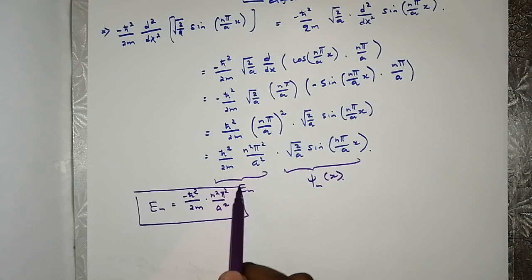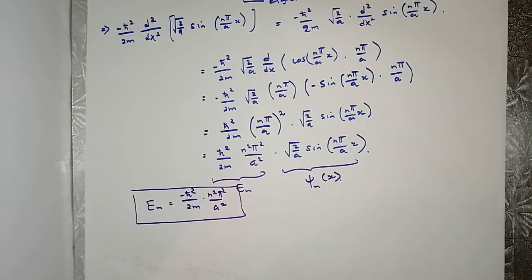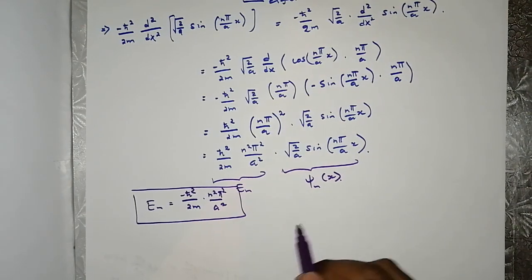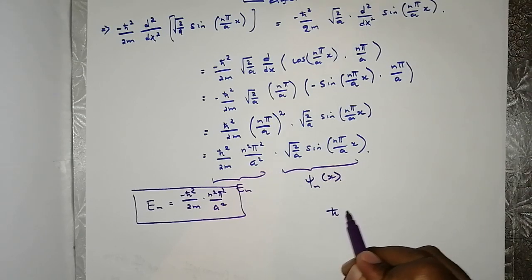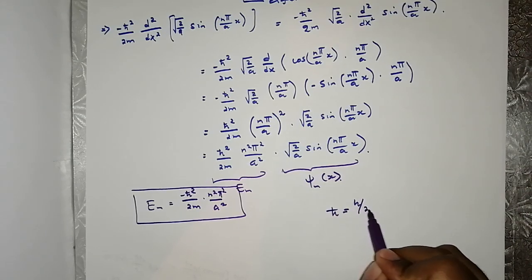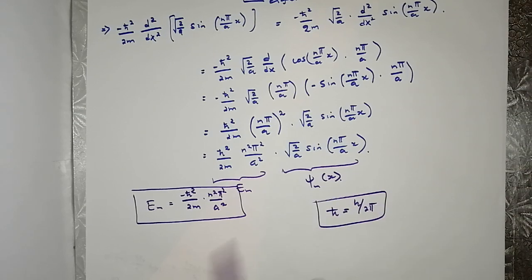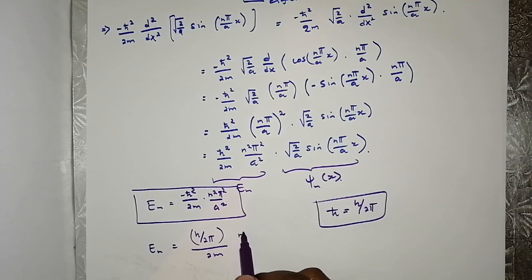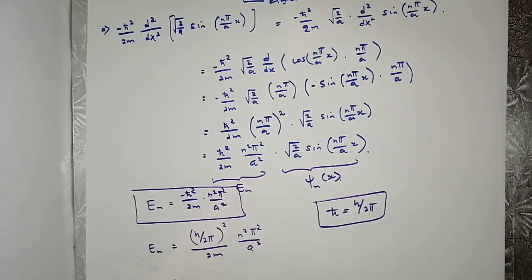So now I'm going to simplify this even further. We know that the reduced Planck's constant h-bar equals h over 2 pi. I'm sure you're given this in your data sheet or your formula sheet, whatever you want to call it. So basically it's now just a matter of simplification, right?